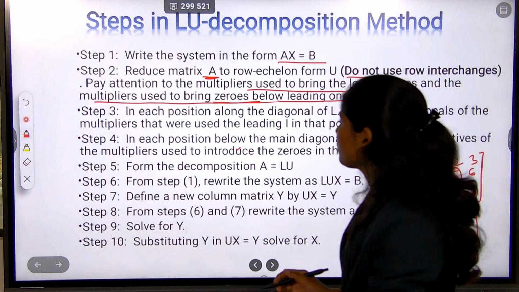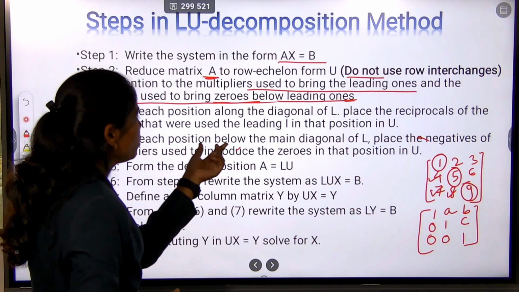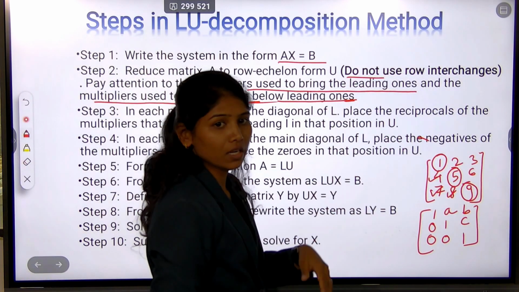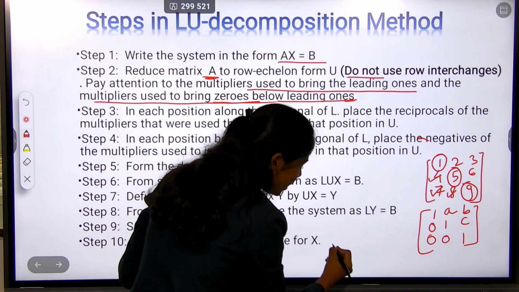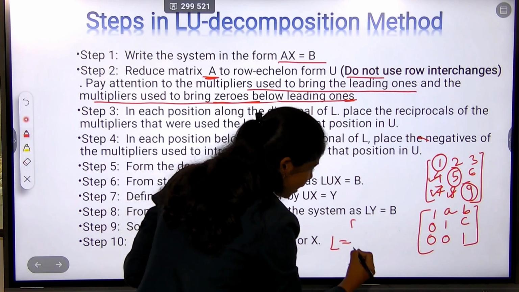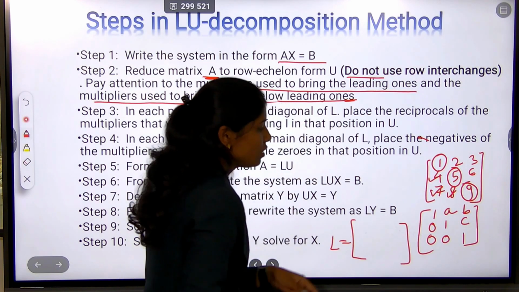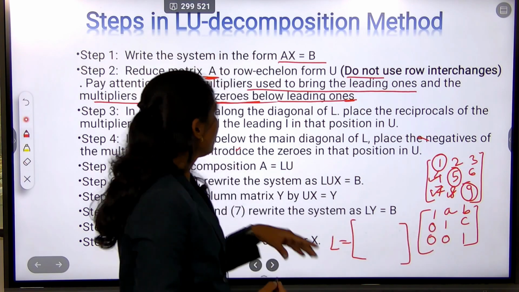Then, after that, we have to form the matrix L. For that we use the multipliers.